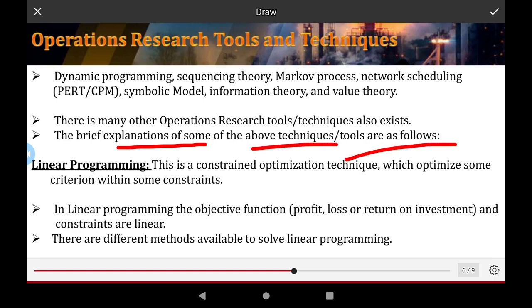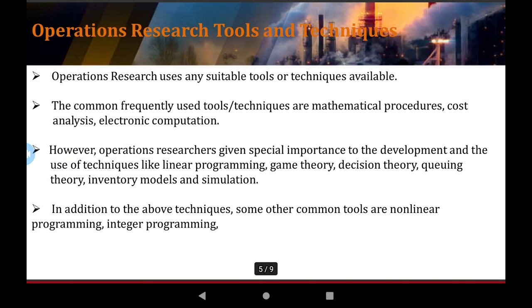Also, there are more tools used in the completion of a project, such as linear programming.